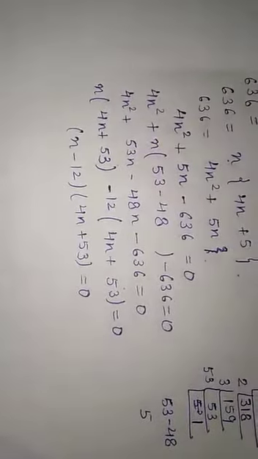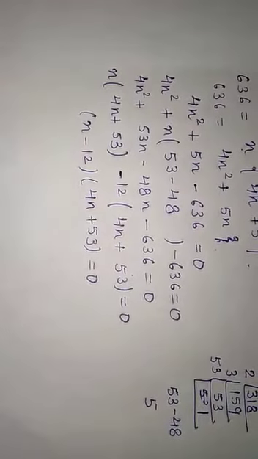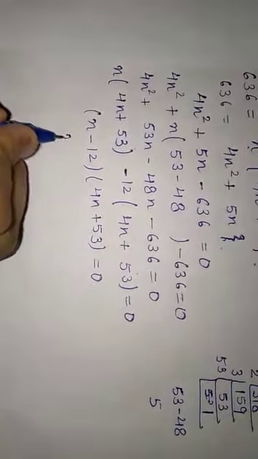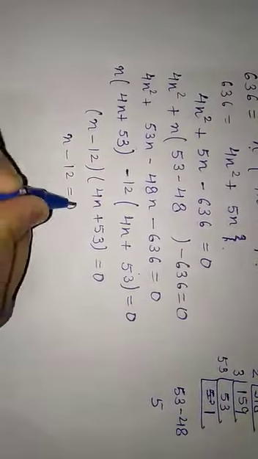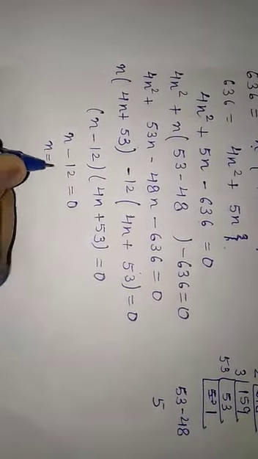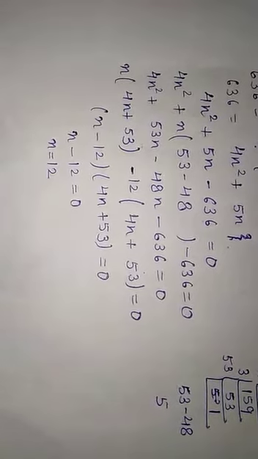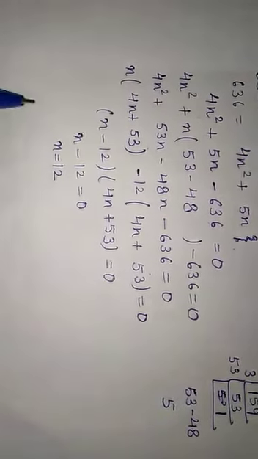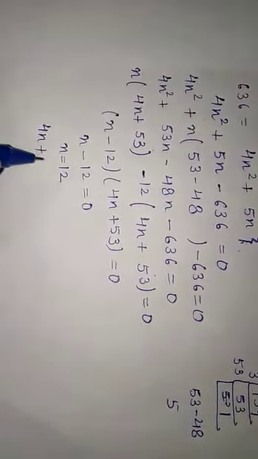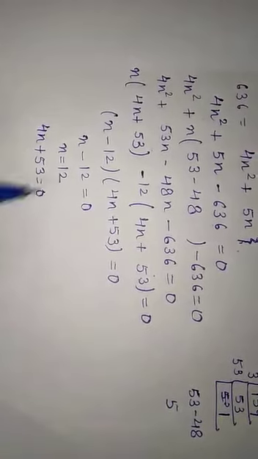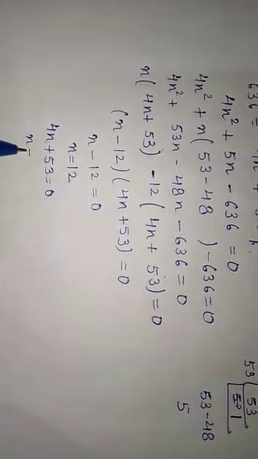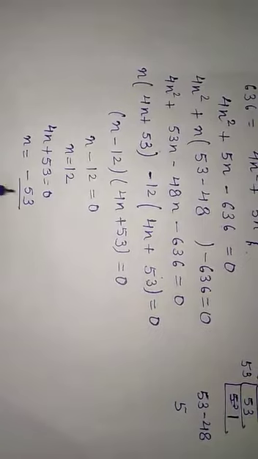Now I'll take the first expression equal to 0, then n minus 12 is equal to 0, such that n is equal to 12. This is the first solution, and the second one is 4n plus 53 equals 0, then n is equal to minus 53 upon 4.